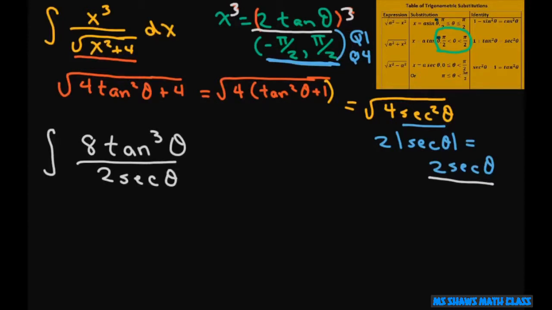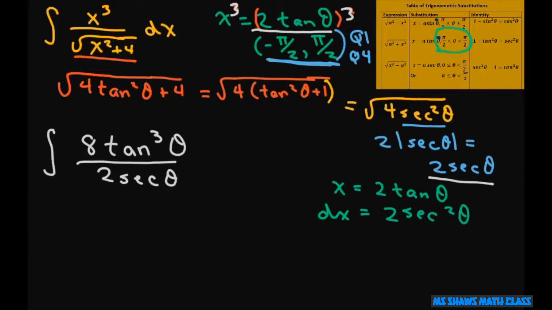And then we've got to take the derivative of x. If x equals 2 tan of theta, then dx is going to equal 2 secant squared of theta.